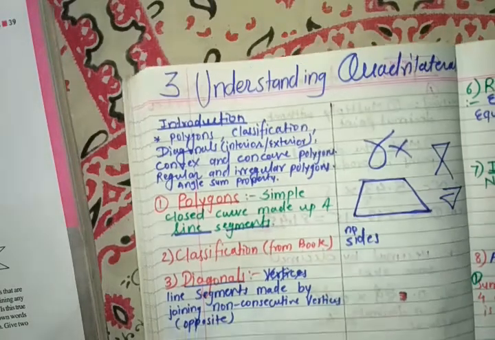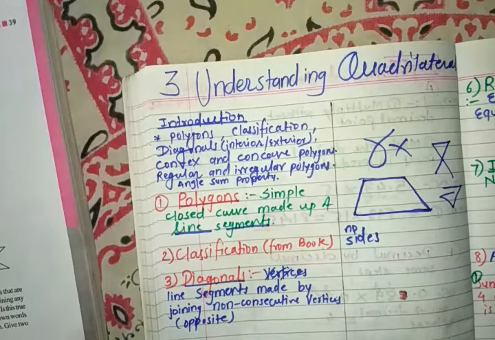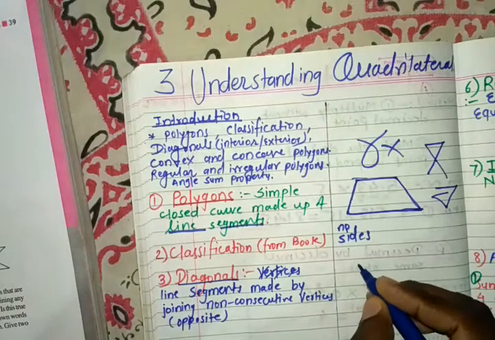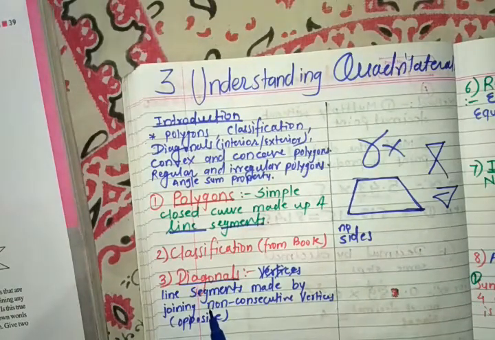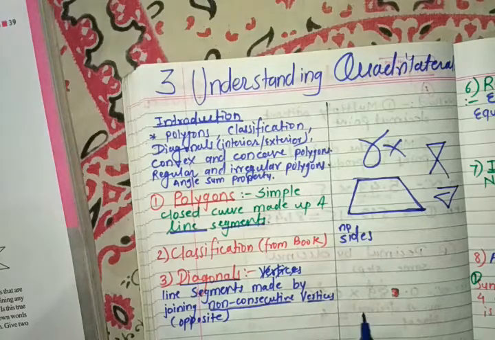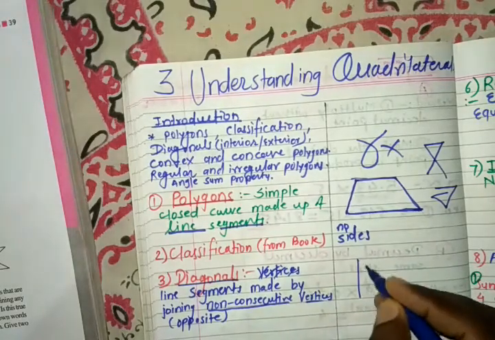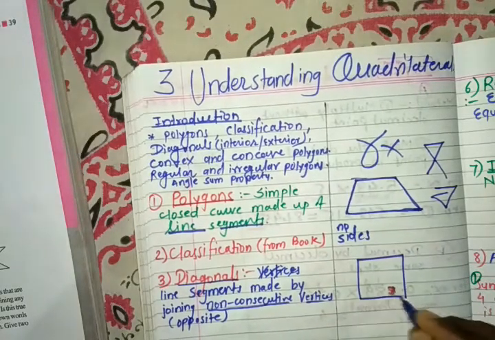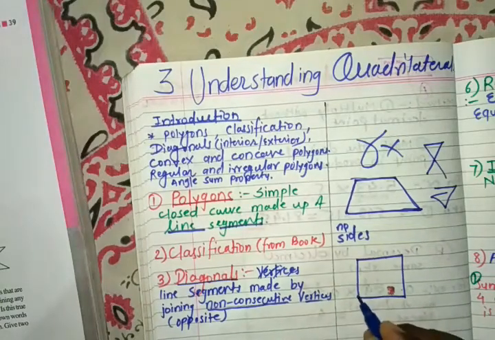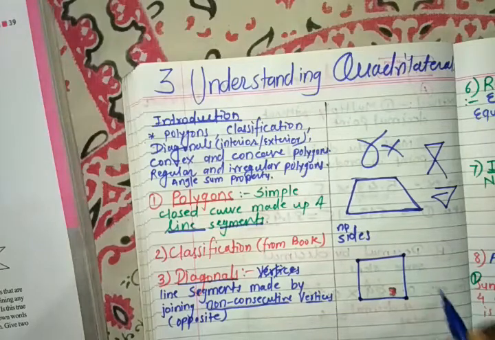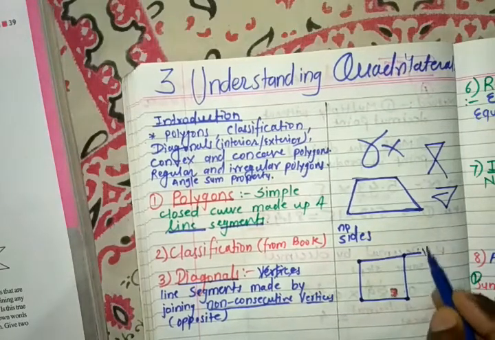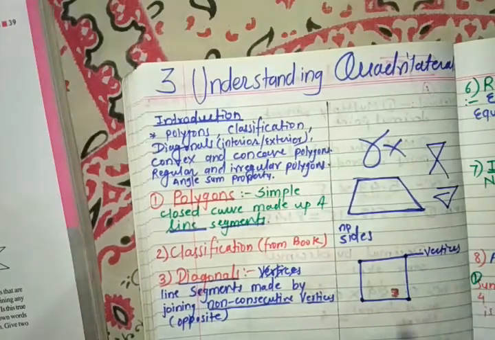Now our next topic is, what is a diagonal? A diagonal is a line joining two non-consecutive vertices. You all know what vertices are. If I am drawing this square, the joining point of two line segments is a vertex. Suppose these vertices are consecutive and these are non-consecutive.